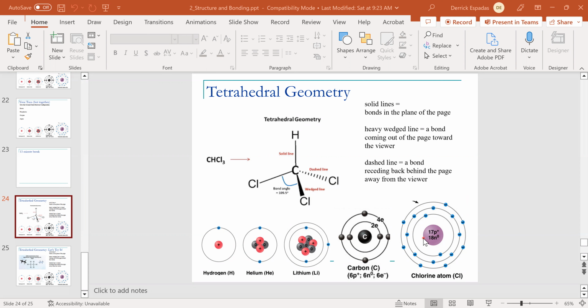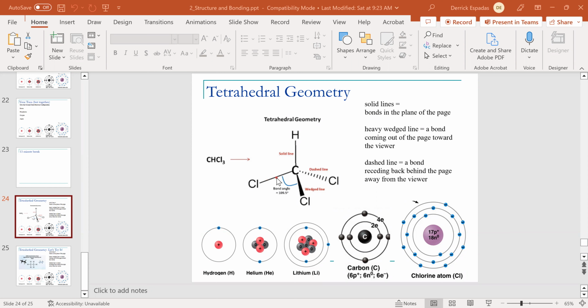Now, another way that we can do a model of an atom is what's called the tetrahedral geometry model. So in this one, we're just documenting it a different way. So we're going to use solid lines to indicate bonds in the plane of the page. Just like this chlorine one.